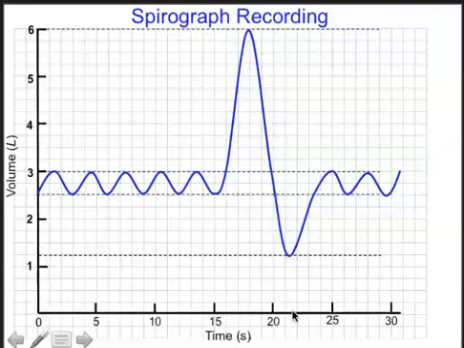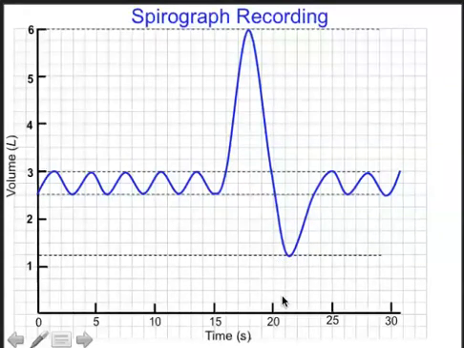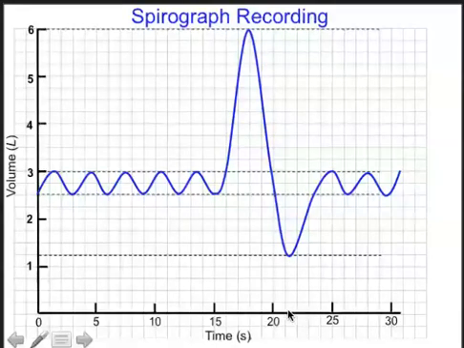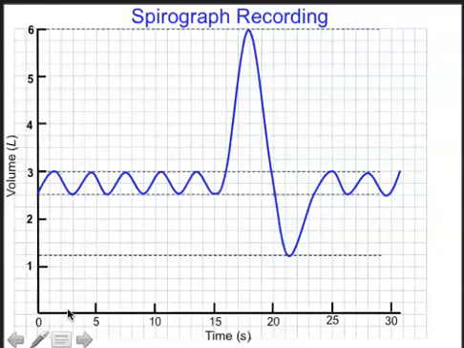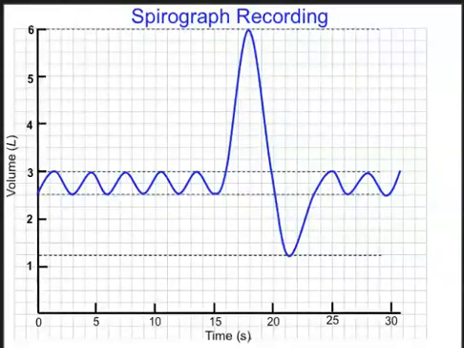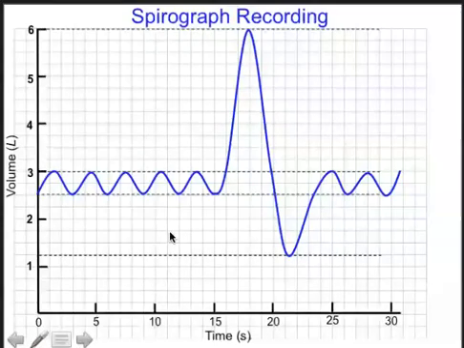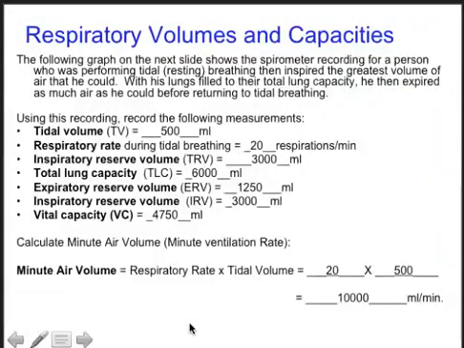So if you count the number of squares here, what you come up with is 1 1/4 liters. The total lung capacity would be the amount of volume from the very bottom of the horizontal axis all the way up to the very top of the vertical axis, and that is 6 liters. So with that in mind, we can compute a couple of things.